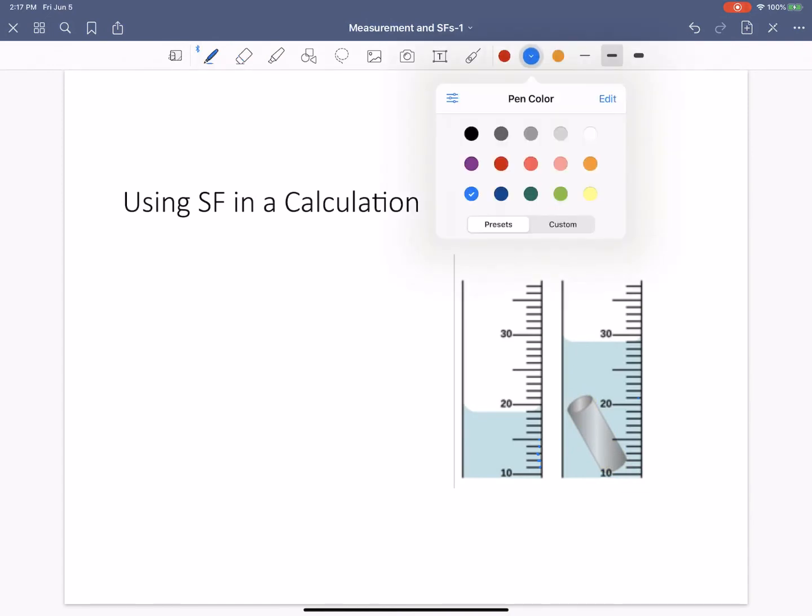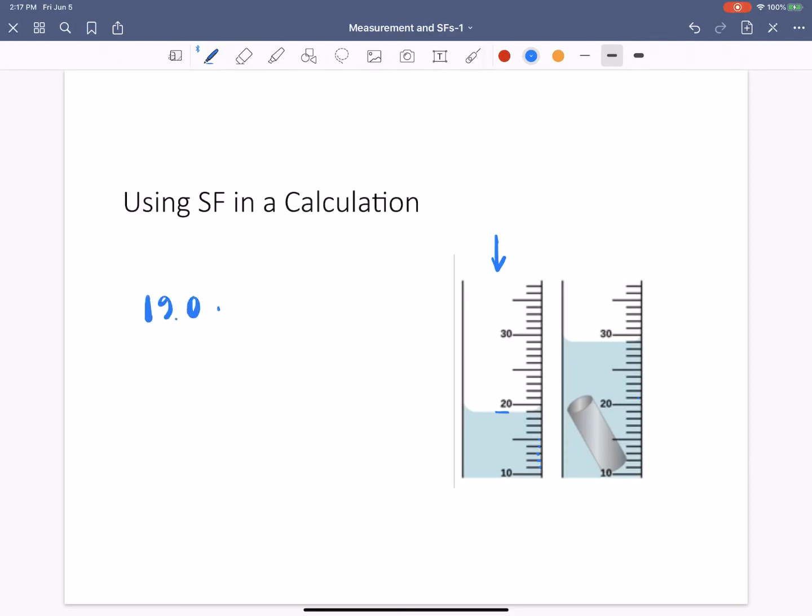So we start with an initial volume of just water. I'm looking at the meniscus, and I'm looking in the center of the tool, and I'm going to estimate that to be 19.0 milliliters. And that 19.0 milliliters is milliliters of water.